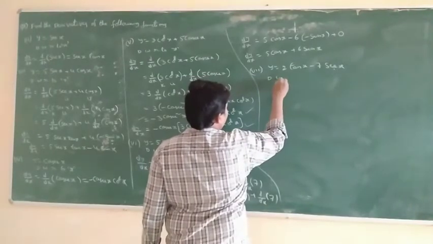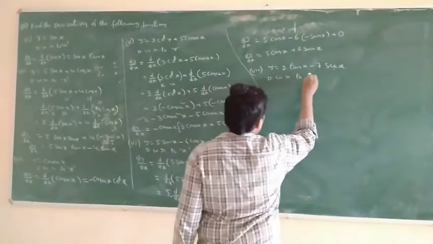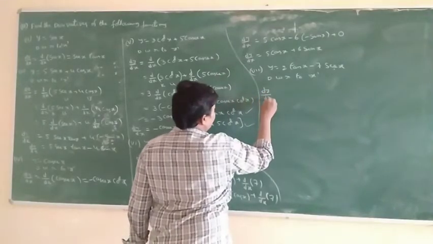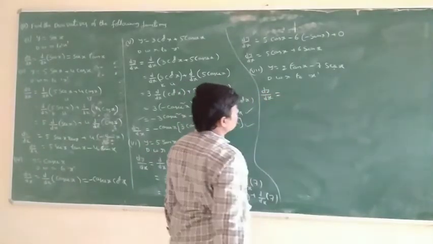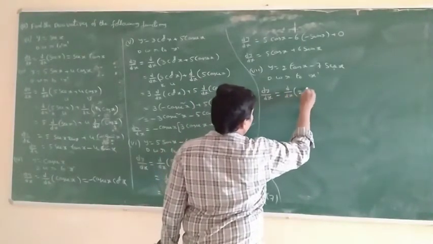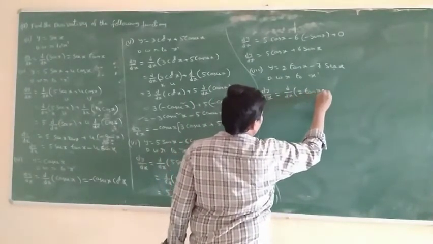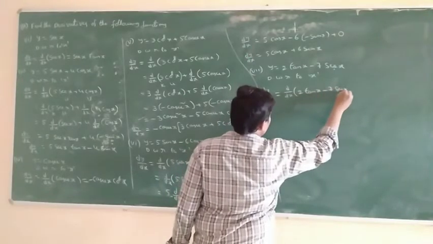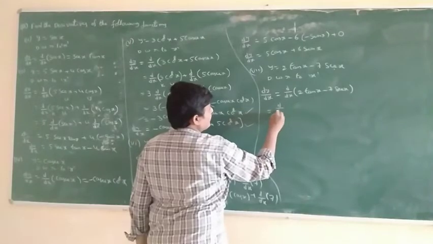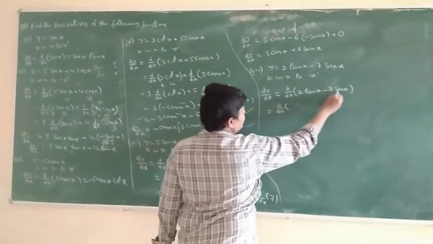So derivative with respect to x, dy by dx is equal to d by dx of 2 tan x minus 7 secant x, that is d by dx of u minus v.